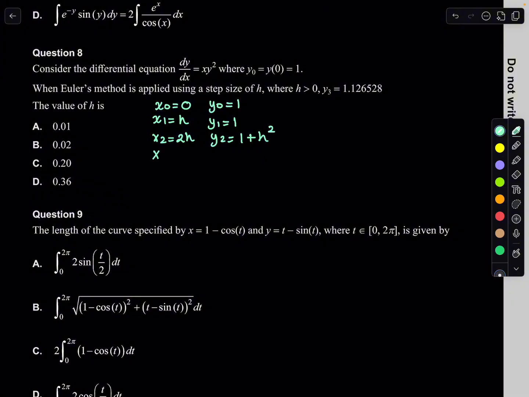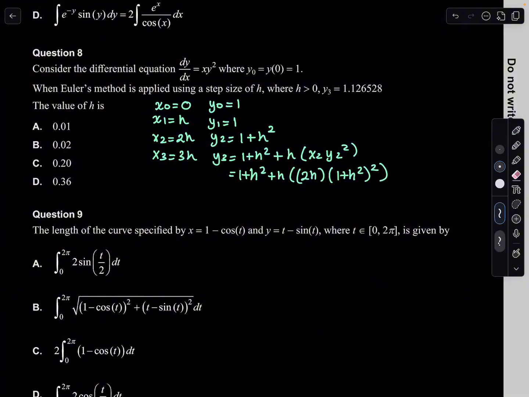Done. Let's do x3. It'll be your x2 plus h, so now 3h. And y3 uses your x2: 1 plus h squared, plus your step size times x2 y2 squared. Our x2 is 2h, and our y2 is 1 plus h squared, and don't forget all squared.